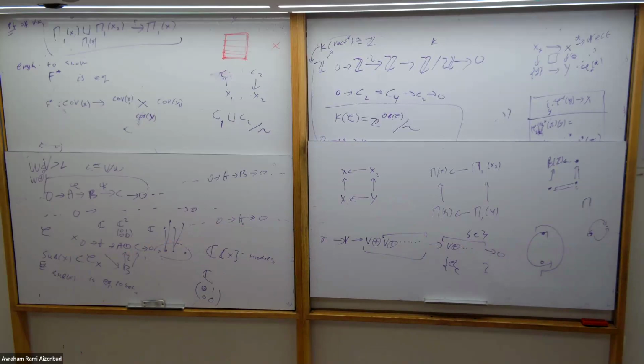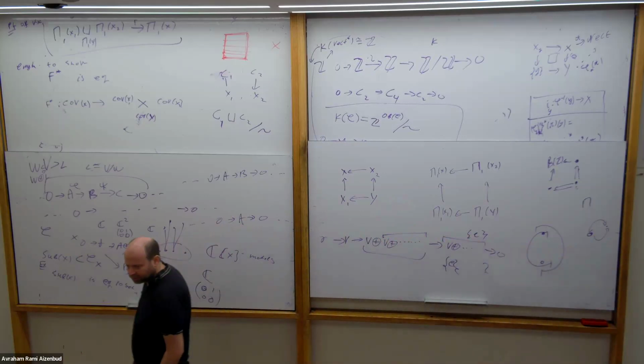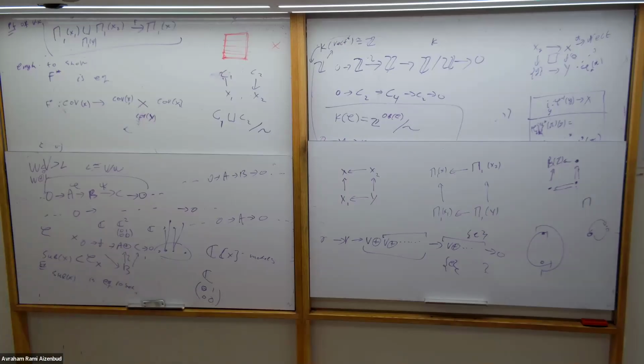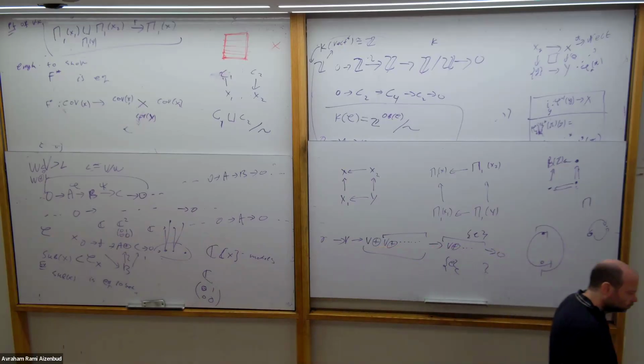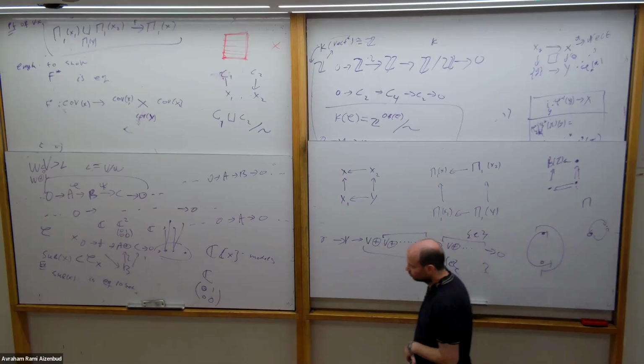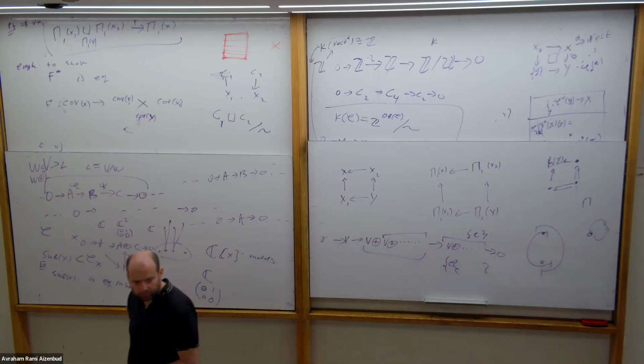Now what happens with the Grothendieck group of finitely generated abelian groups?